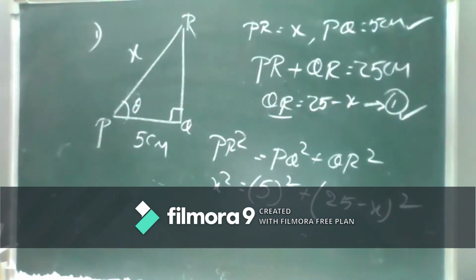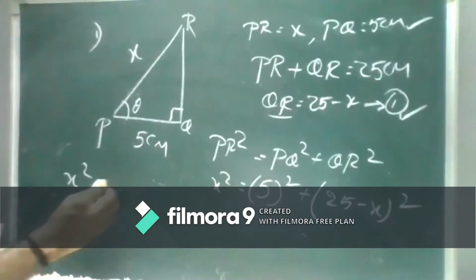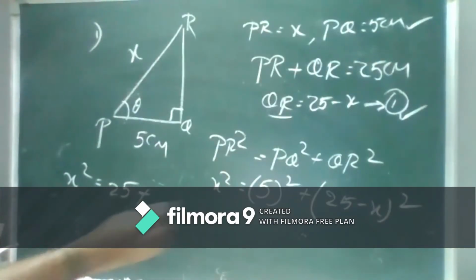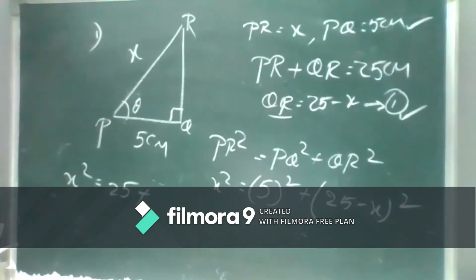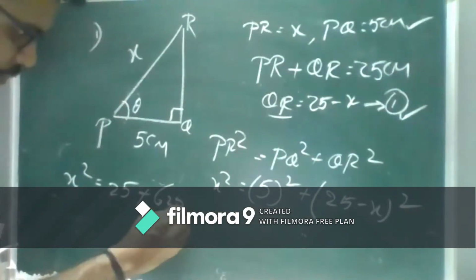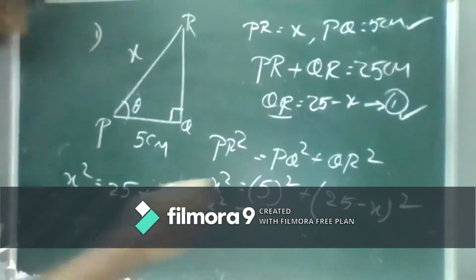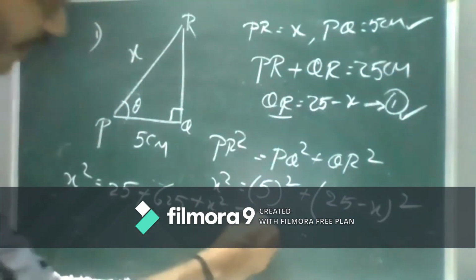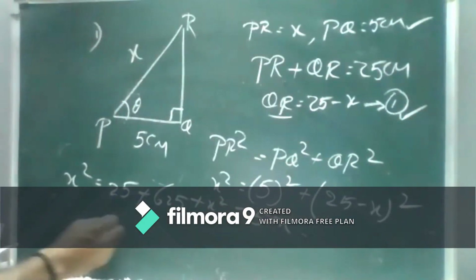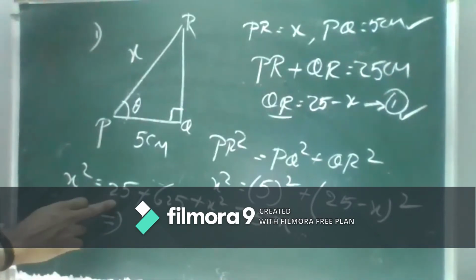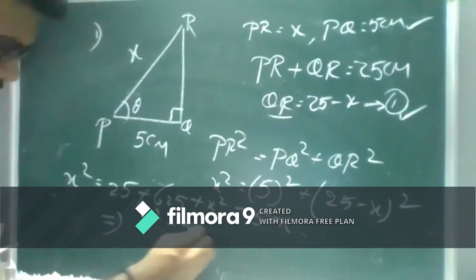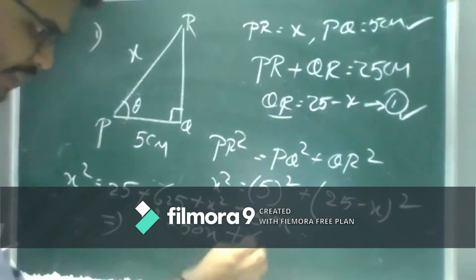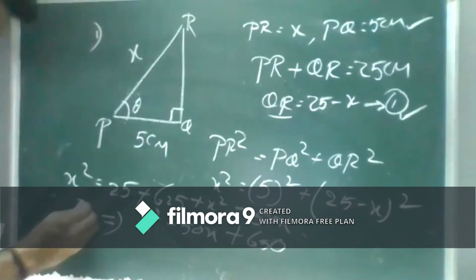Step by step: x square is equal to 5 square, which is 25, plus 25 minus x whole square. It is (a minus b) whole square, so it is 625 plus x square minus 50x is equal to 625 plus 25, which is 650. So x square minus 50x plus 650 is equal to x square.